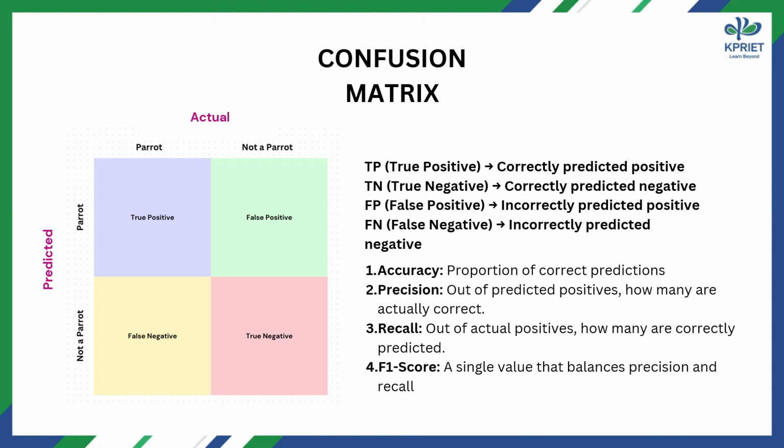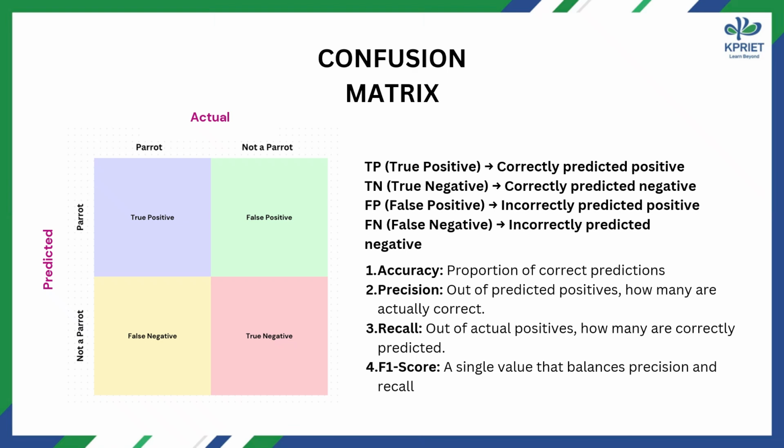When both actual and predicted are not a parrot, then it is a true negative. If one is positive and the other is negative, we get a false positive or a false negative. So true positive is a correctly predicted positive value, true negative is a correctly predicted negative value, false positive is an incorrectly predicted positive value, and false negative is an incorrectly predicted negative value.